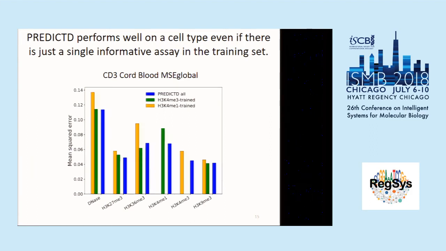This doesn't hold for every assay. If you try a different assay like histone 3 lysine 4 monomethylation, you don't get quite as good performance. And you can take assays that have more or less orthogonal information, like H3K4me3 and H3K9me3, which marks repressed regions, and make improvements in some of these cases.